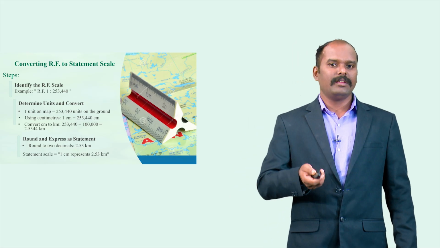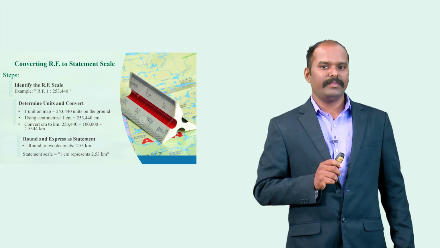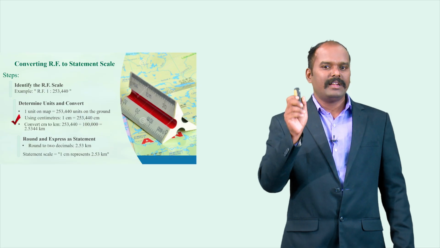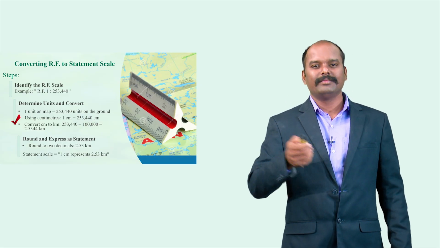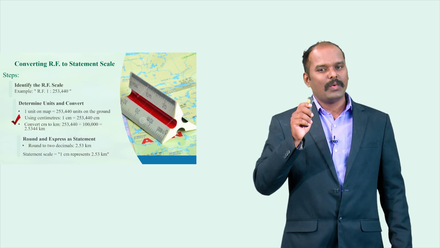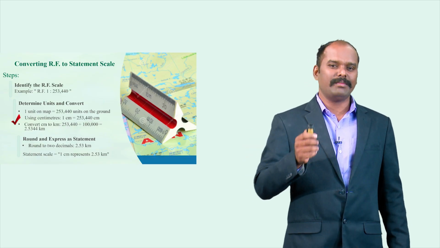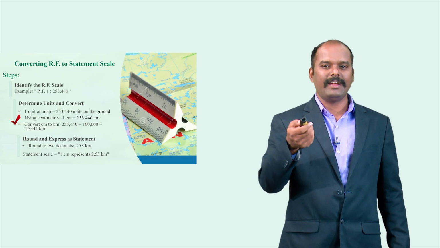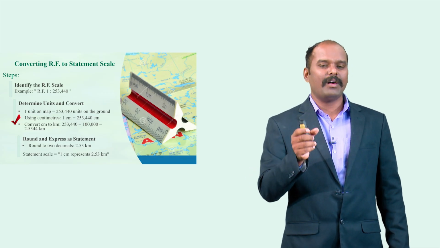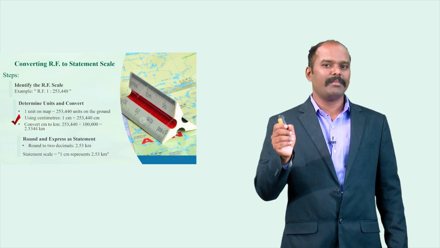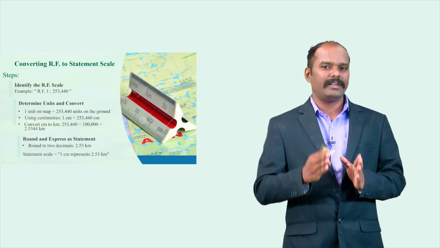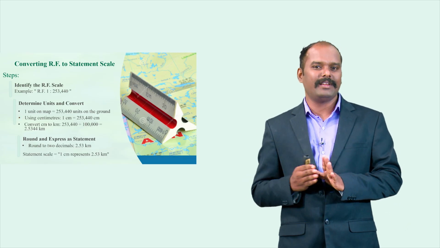If we use centimeter, we need to convert that centimeter value into kilometer. So, 1 kilometer is equal to how many centimeters? 1 lakh centimeters, it is a basic concept. So we need to divide the given denominator value by 1 lakh to convert it into kilometer.